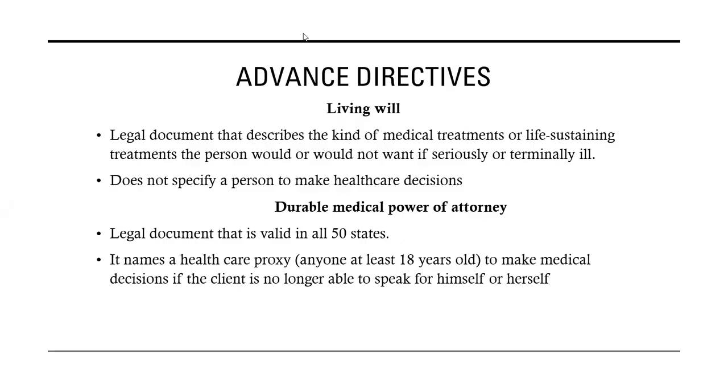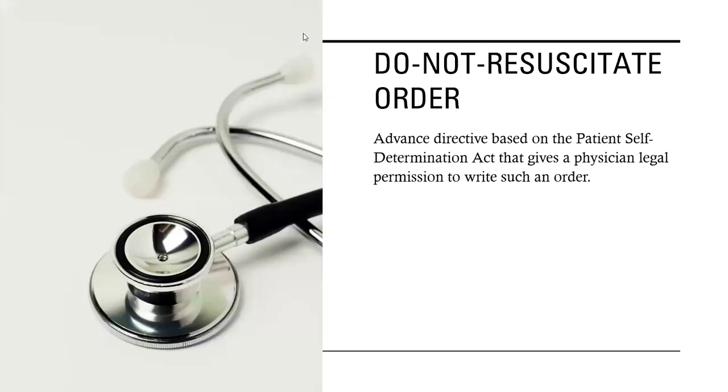The living will does not specify a person to make healthcare decisions, but a durable medical power of attorney does specify a person, or they call them a proxy. Do not resuscitate order, an advance directive based on the Patient Self-Determination Act, gives a physician legal permission to write such an order. So this is legal. Those living wills, a DNR order, those things are legal and we abide by those.